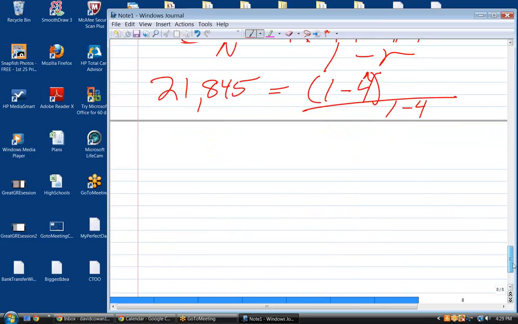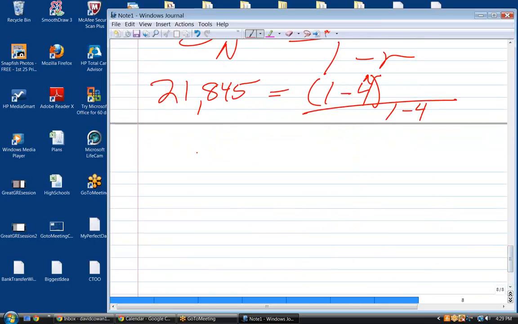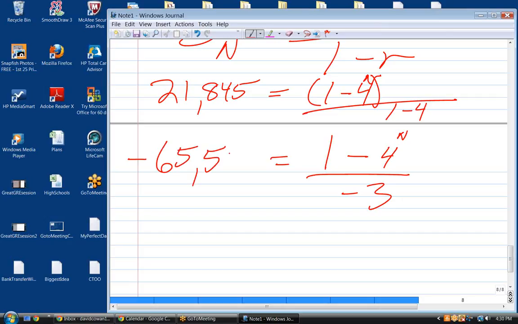So now, if we try to solve this, we've got 1 minus 4 to the n all over minus 3. Well, if I multiply that number by minus 3, what do you get? I got negative 65,535.